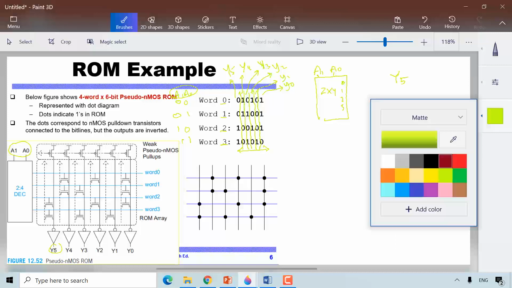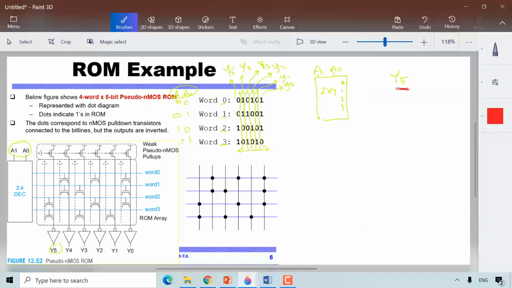And notice this function Y5 is 1 during word 2 and word 3, but it is 0 for word 0 and word 1. So Y5 is really a summation of minterm 2 plus minterm 3. Therefore I can take the outputs minterm 2 and minterm 3, send them to a NOR gate and an inverter, and that is Y5.